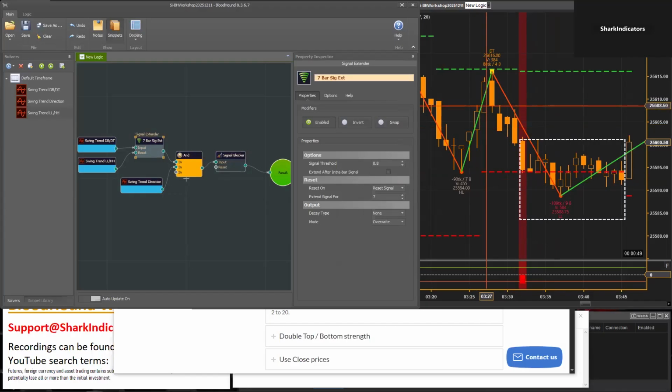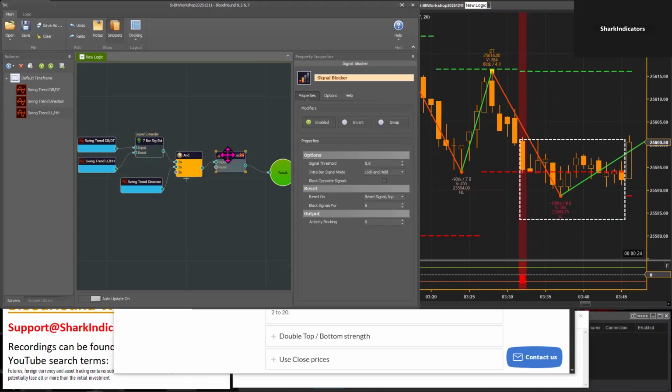Because technically you could get a high point, and then the next bar could just crater down, and then the swing trend direction instantly will flip downward, if the next bar drops down and makes a lower low instantly in 1 bar.